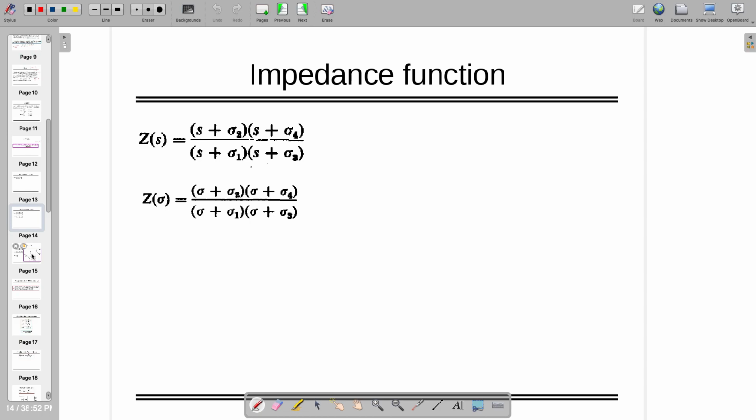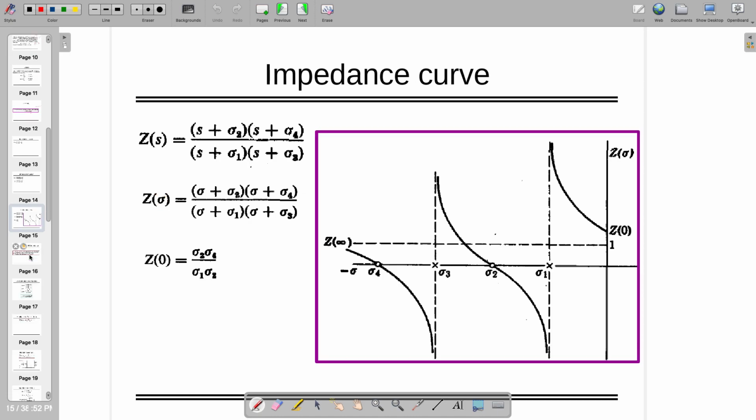Right? If I am writing Z of some sigma, then I can replace the Laplace operator with sigma. That's sigma 1, sigma 2. Now I am interested in making, earlier we were making a reactance curve.